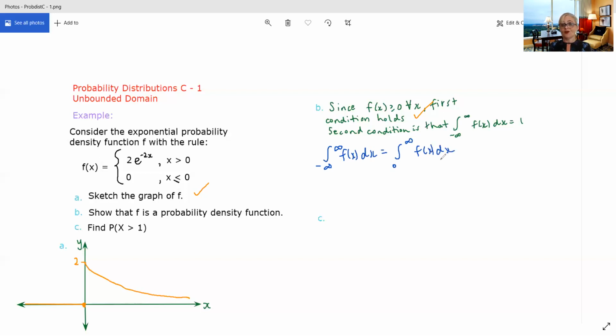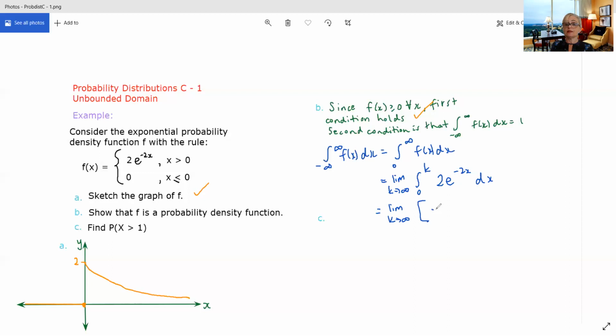That's still going to involve us working out a limit: the limit as k tends towards infinity of the integral from 0 to k of our function. The part that we're dealing with when x is greater than 0 is this part here. So we're going to integrate and do the limit as k tends towards infinity.